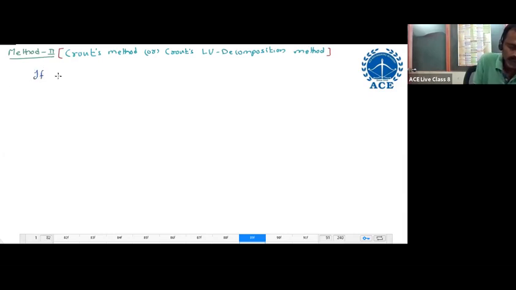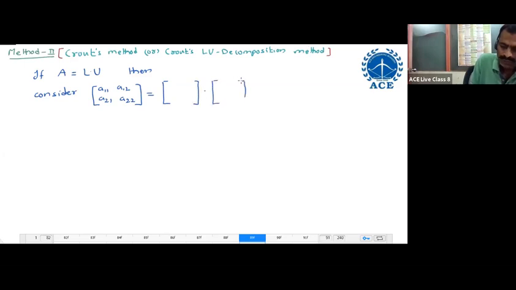In this method, if A equals L into U, then consider first a 2 by 2 matrix: A11, A12, A21, A22 equals L into U, where L is L11, 0, L21, L22, and U is 1, U12, 0, 1.